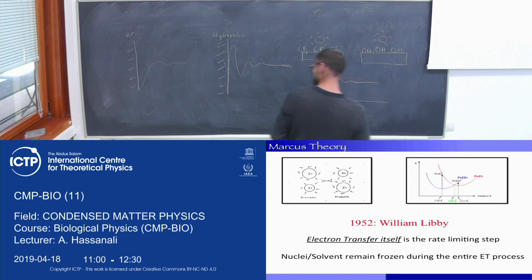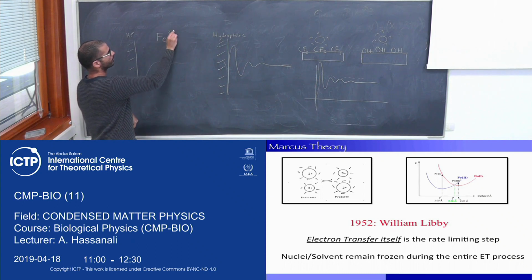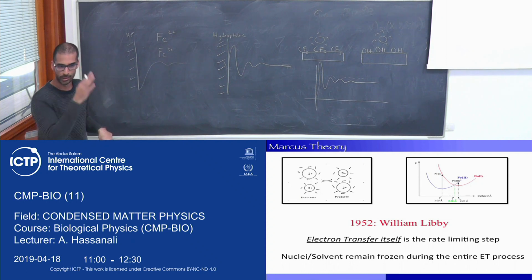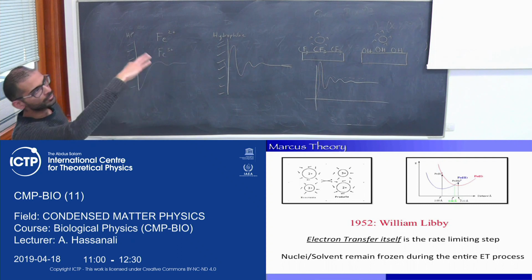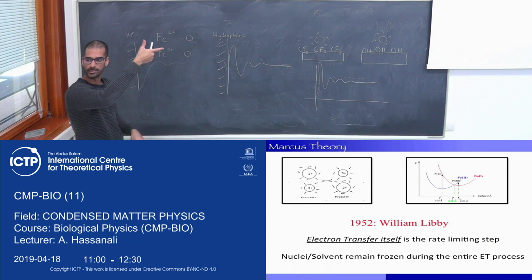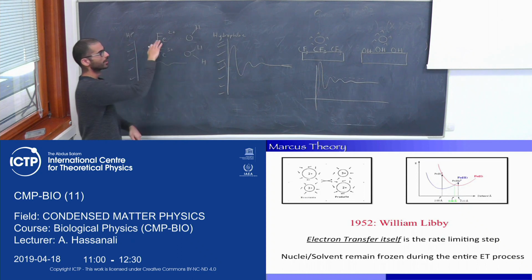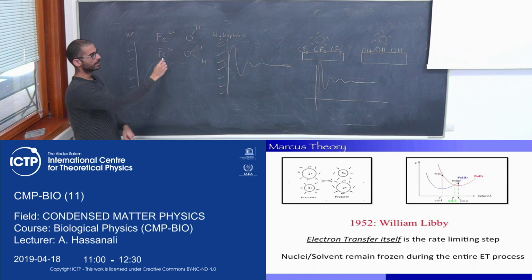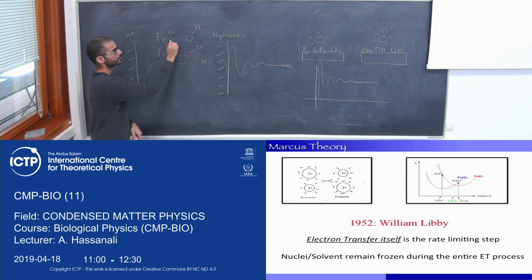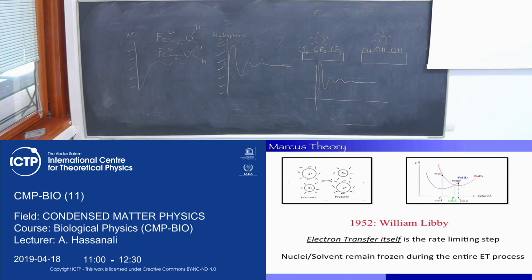I have this and I have this. There are two surfaces along some coordinate. So let's imagine that I have water molecules around Fe2 plus and Fe3 plus. This distance, if you change the charge, must change.